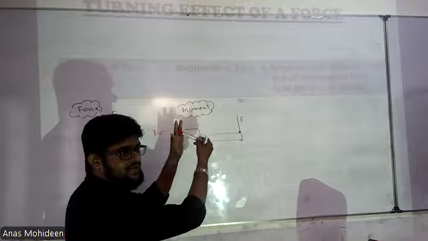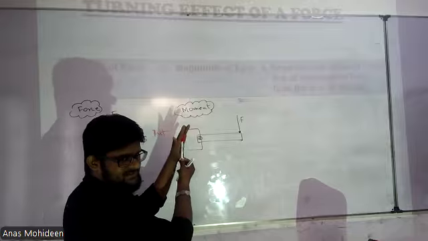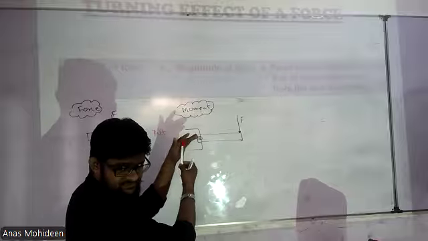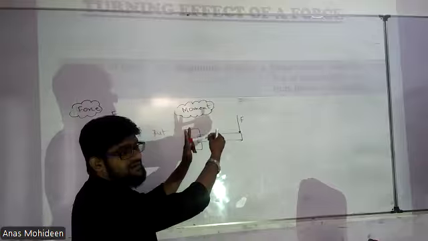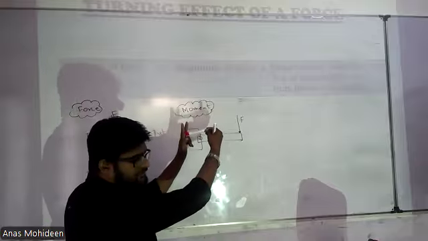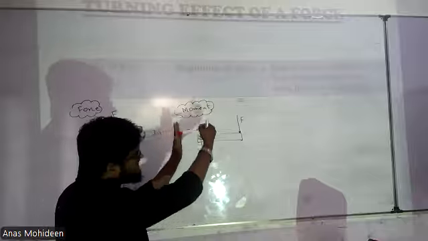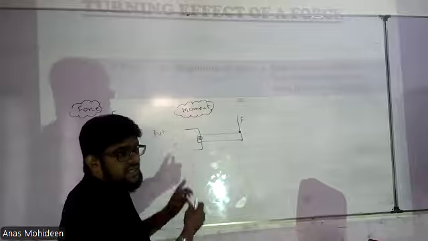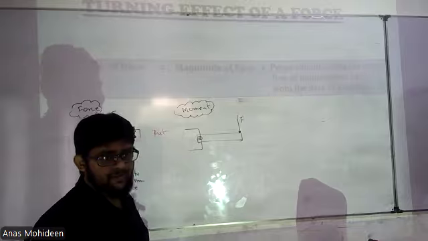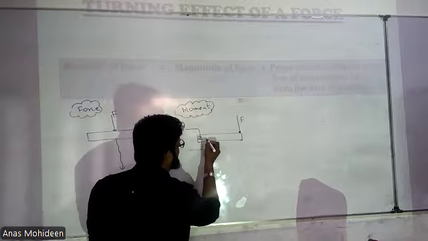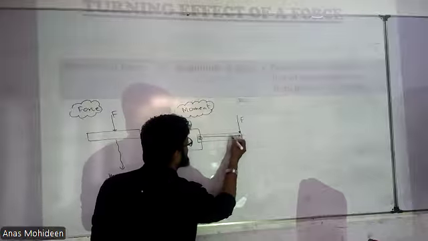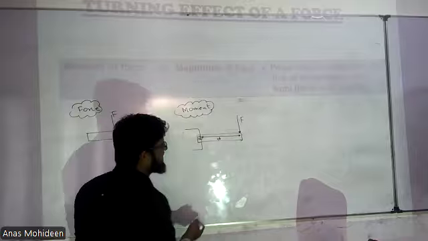What happens then? Use the word. It rotates. It turns. It won't move completely down. It's not a complete motion down, but rather around the point it would be turning. It gives a turning effect. This happened because you are applying a force at a distance d.